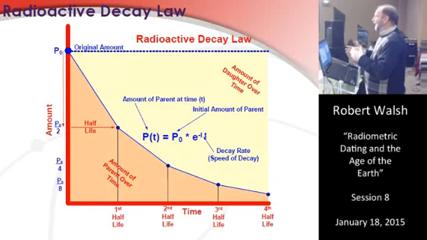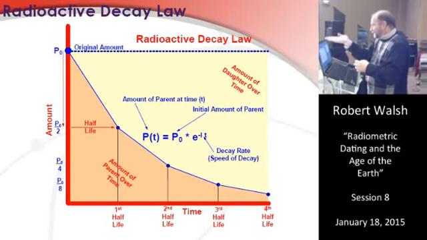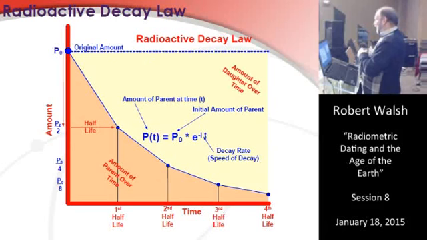I haven't remarked about the fact that this little piece of carbon, or uranium, that we're talking about here that's decaying this way, is sitting in a layer somewhere being impacted by water, by bugs, by the surrounding material, by other radioactive material.